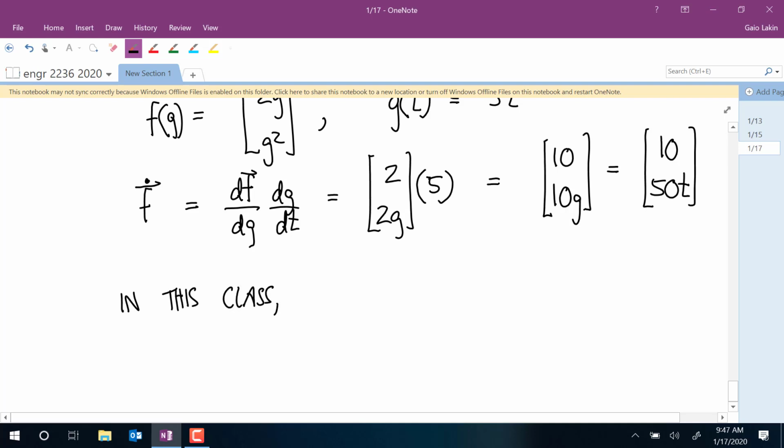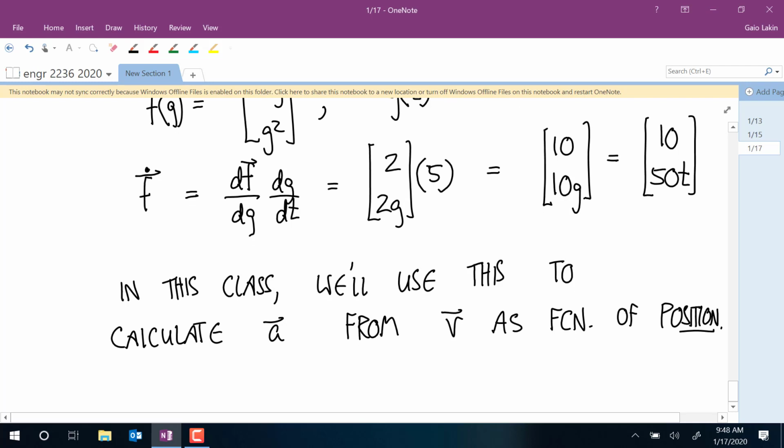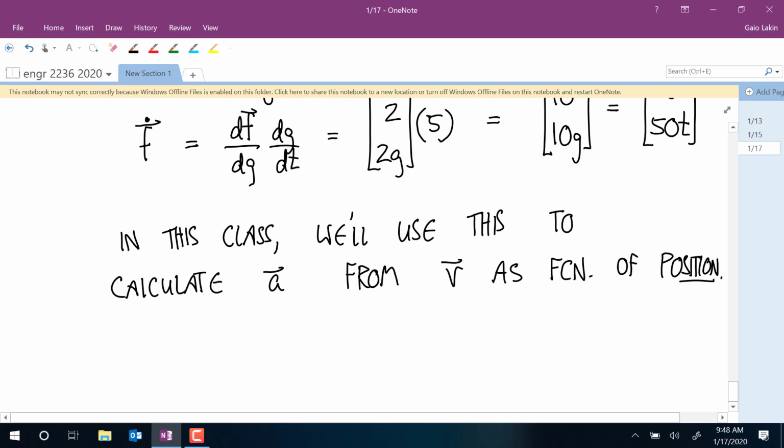We're going to use this to calculate acceleration vectors from velocity vectors that are given as a function of position. Normally, if you have velocity as a function of time, the way you get acceleration is you just take the time derivative and you're done, right?